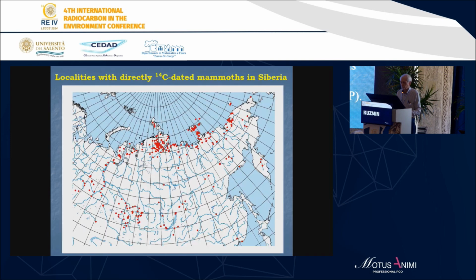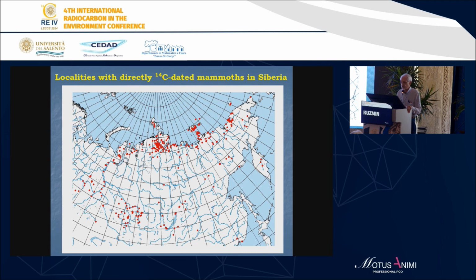So here's the distribution of direct radiocarbon dates on woolly mammoths from Siberia. As you can see, many dates are concentrated in the north of the region. That's where people usually did sampling. It doesn't mean that mammoths didn't exist in the central part of Siberia. They did, but less material is available.